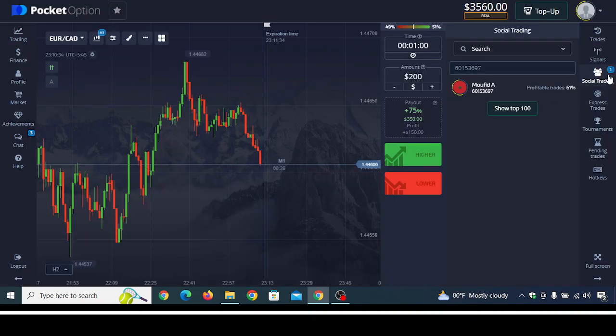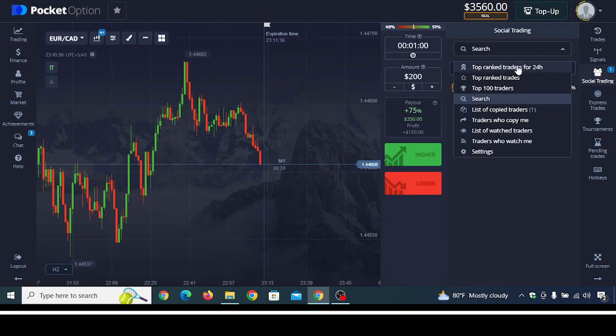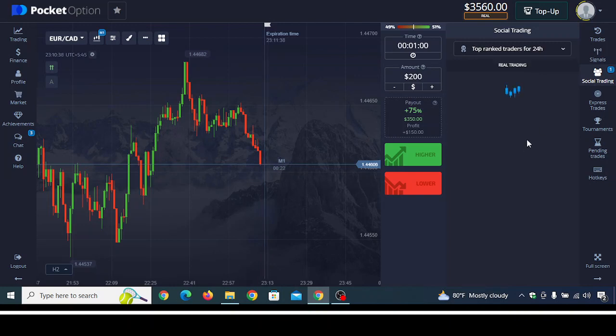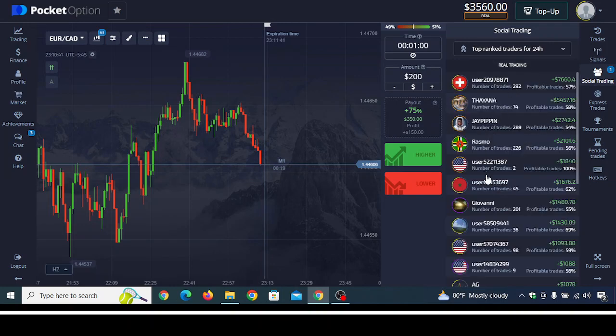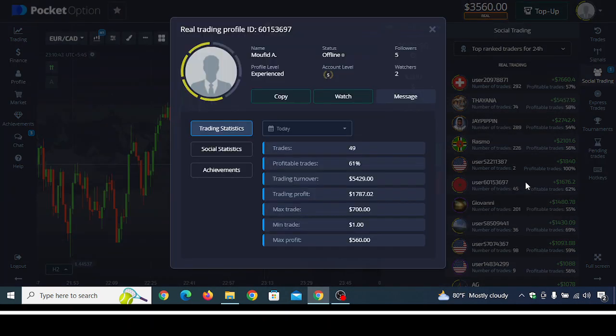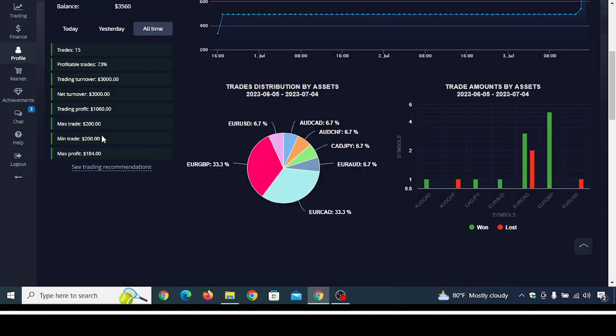Now the problem that I was talking about, if you copy random people, let's see this one. Here you can see he has made a trading profit of $1,787 today, and his minimum trade amount is $1 and maximum trade amount is $700. But if you see here, my minimum and maximum trade amount is always the same.